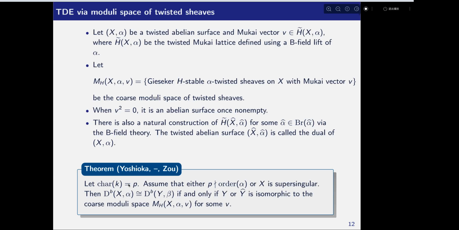When the characteristic is positive, and I assume that either P cannot divide the order of alpha, or X is supersingular, we will have a derived equivalence between two twisted abelian surfaces if and only if Y or its dual is isomorphic to the moduli space, for some v.